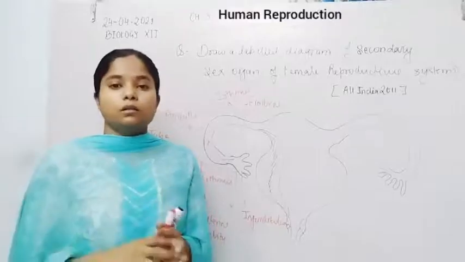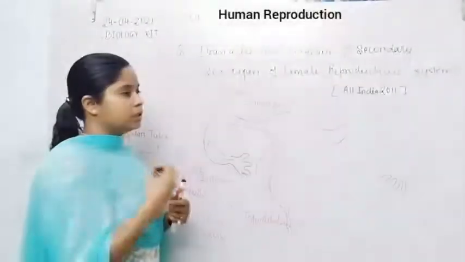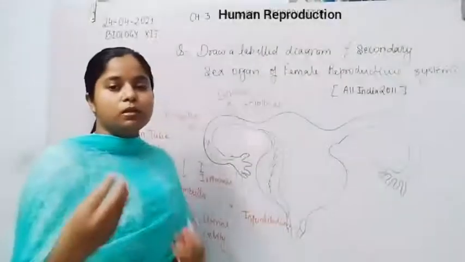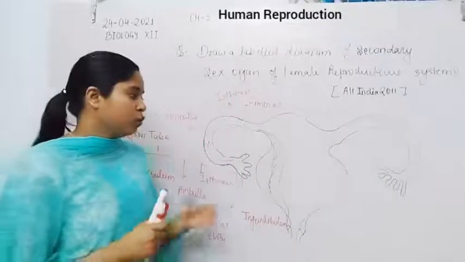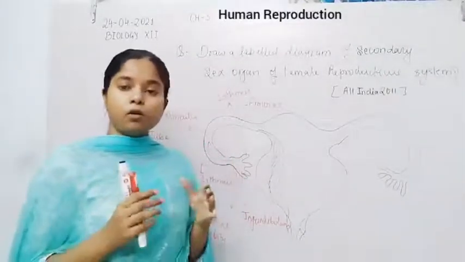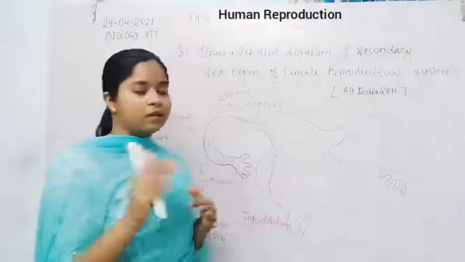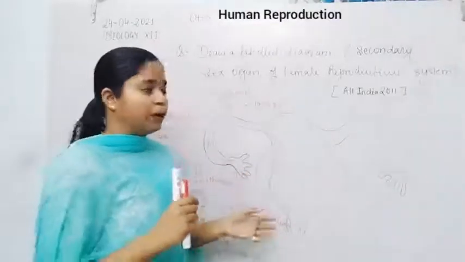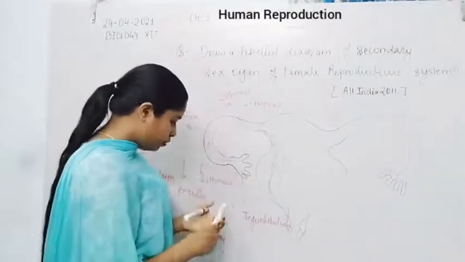helps in the settlement. The trophoblast layer also helps the embryo so that it can be embedded in the endometrium wall of the uterus. So the uterus is formed by three layers.